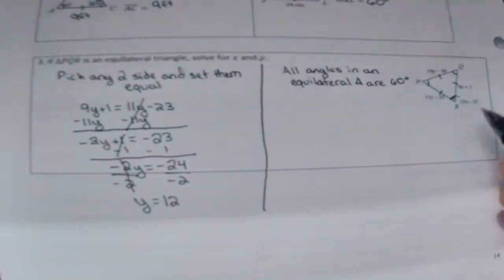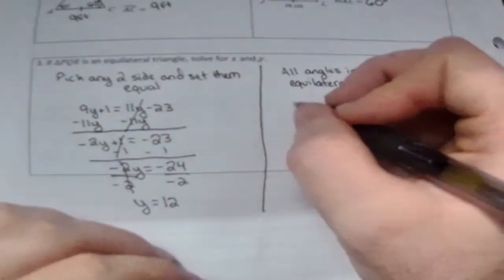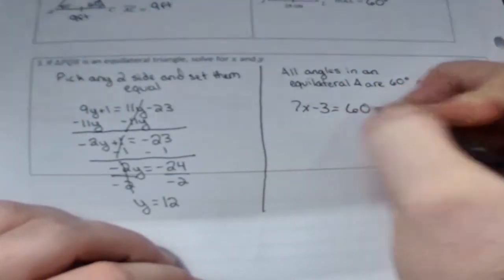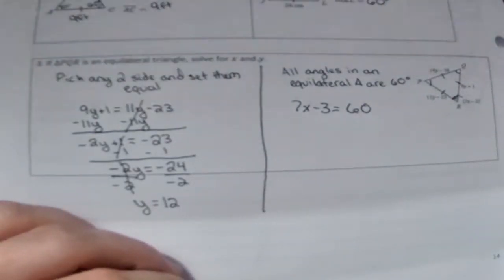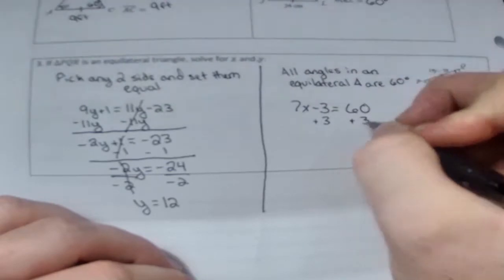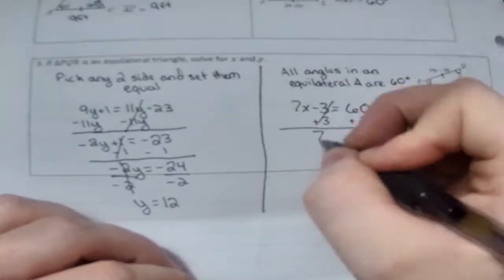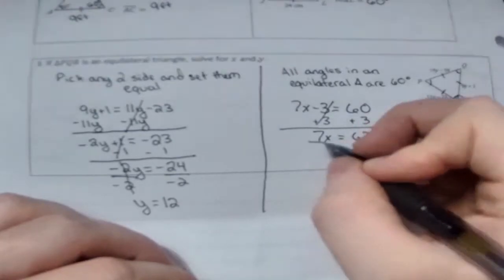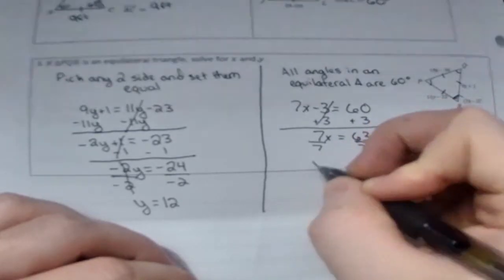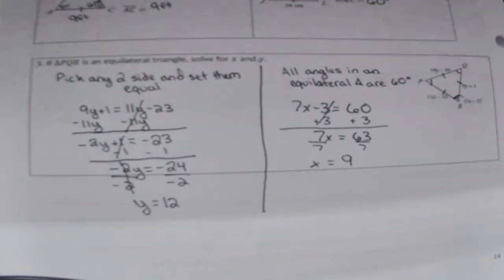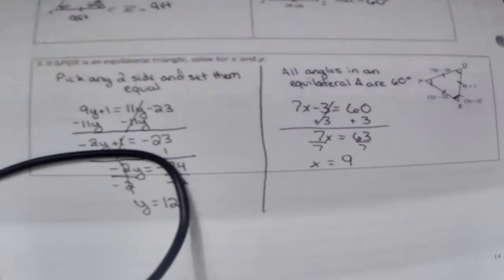So if that's the case, this expression, 7x minus 3, has to equal 60 degrees. So now I'm going to add 3 to both sides. You're going to get 7x equals 63. And now you divide by 7. x equals 9. So we found our y value to be 12, our x value to be 9.